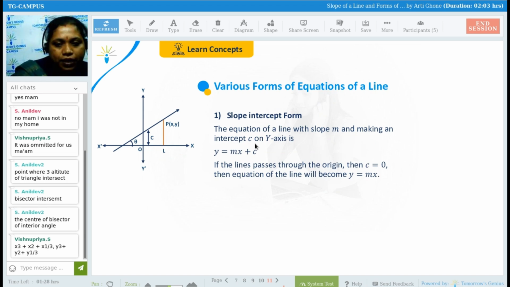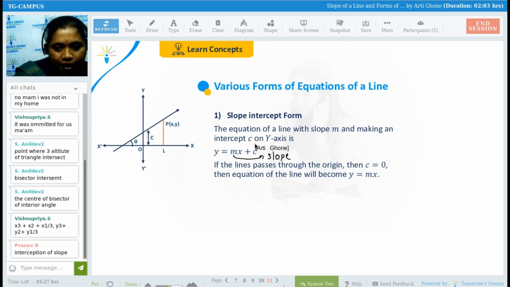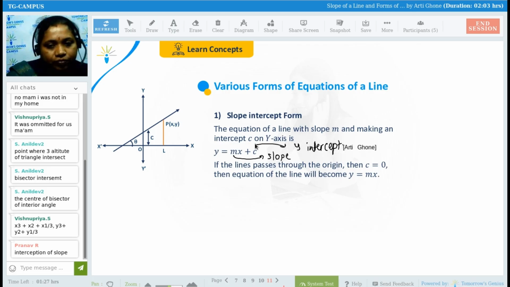First one is the slope intercept form. Now what is the slope? What is the intercept? Slope is what? M. Okay. So if m is my slope and c is the y-intercept. Now what is an intercept?